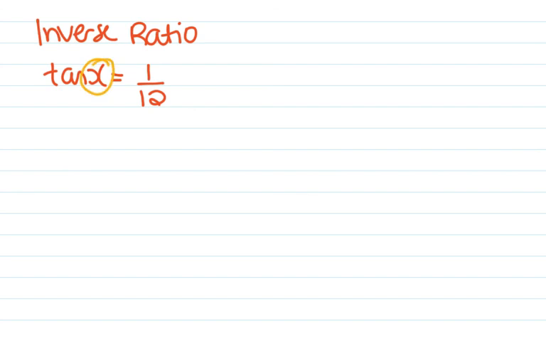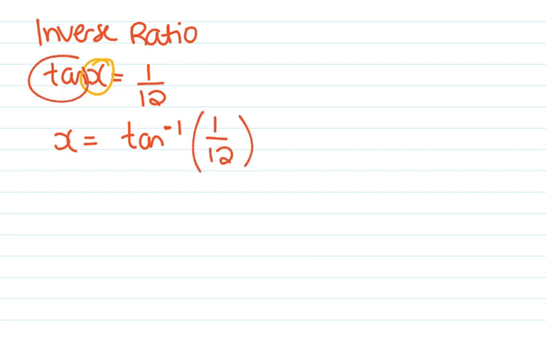So you don't know which angle you're dealing with, but you need to find it. Then you would say x equals tan inverse bracket 1 over 12. So you just move the tan to the other side by doing the inverse, and this is a button on your calculator that you'll use.